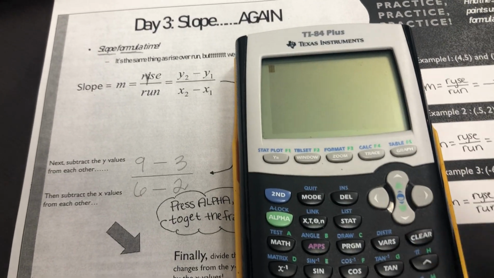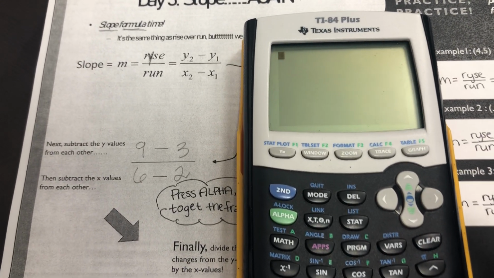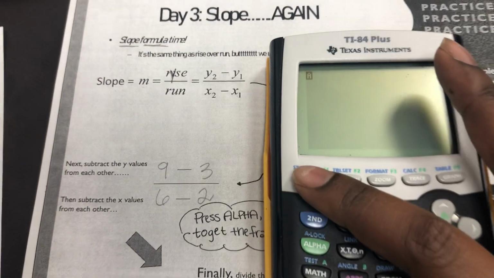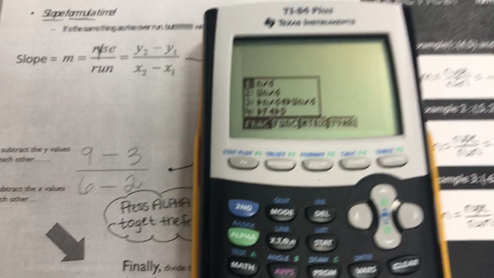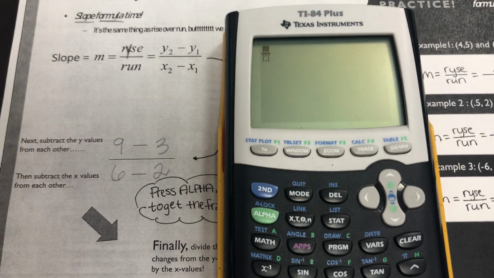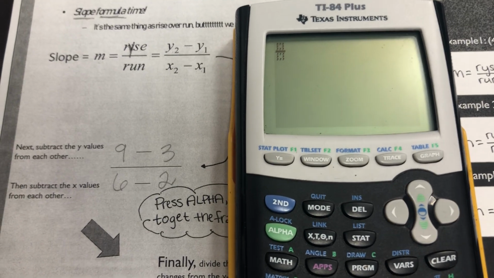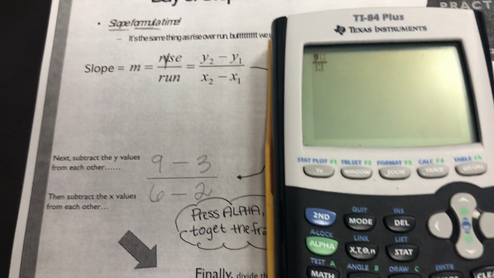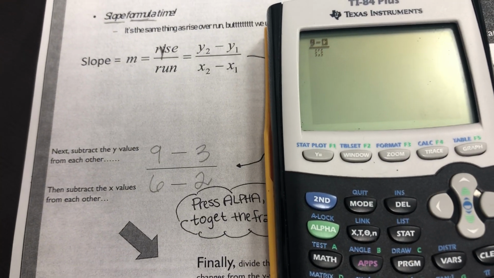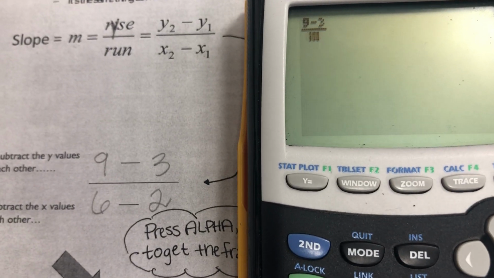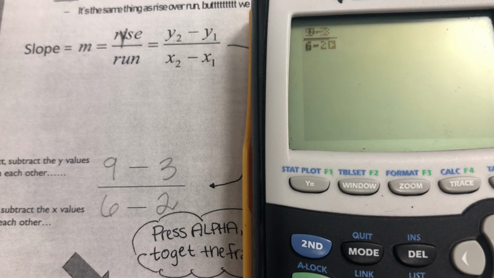Press on, clear out all the old stuff that I had in there. So then I'm going to press alpha, y equals, and then enter for that option 1. And there we go. There's our fraction set up. So I'm literally just going to type it in just exactly how I wrote it. So 9 minus 3 over 6 minus 2.